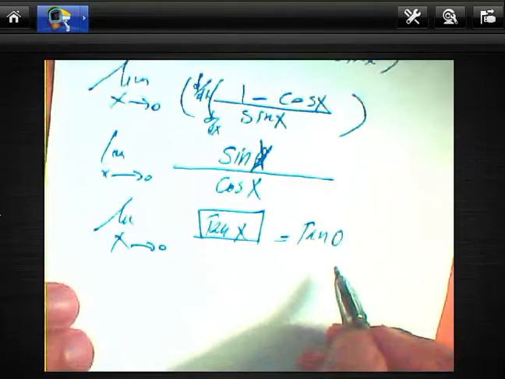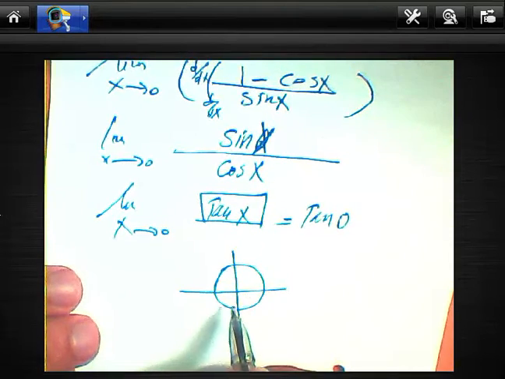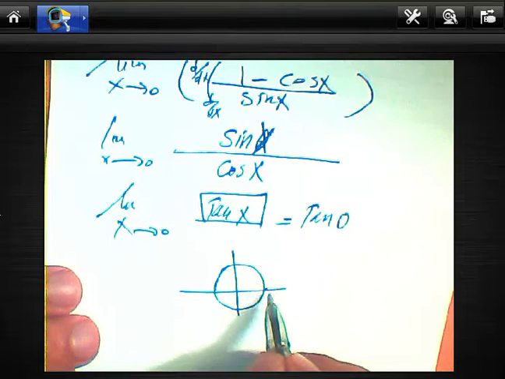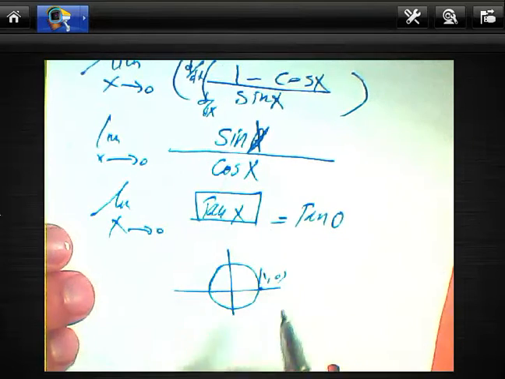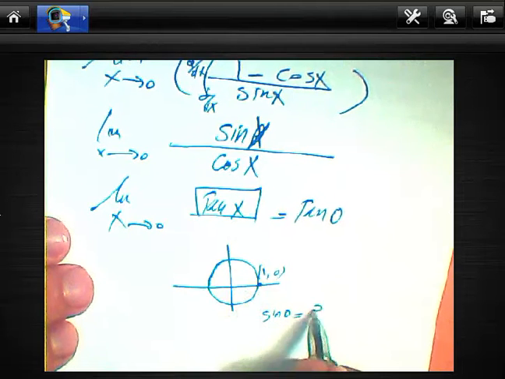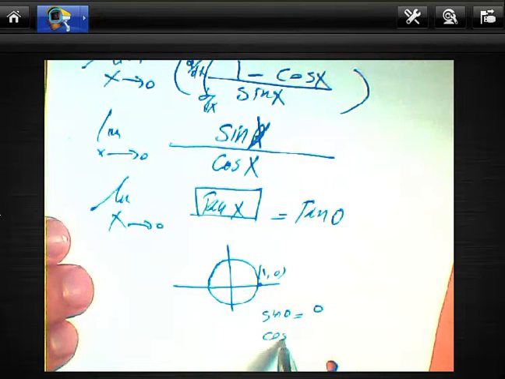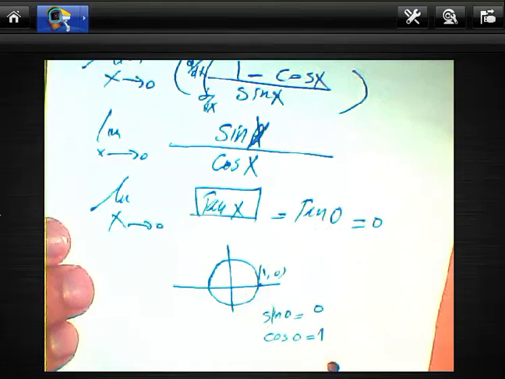We find the result from the unit circle here. We have 0, the point 1 and 0. We know tan is sine over cosine, sine 0 equals 0 and cosine 0 equals 1. So tan equals sine theta over cosine theta, 0 over 1 equals 0. So tan 0 equals 0.